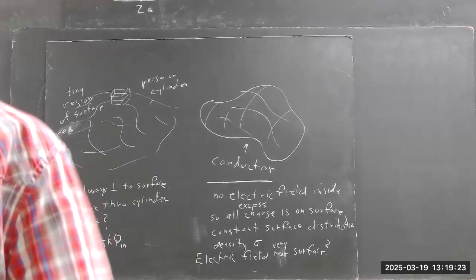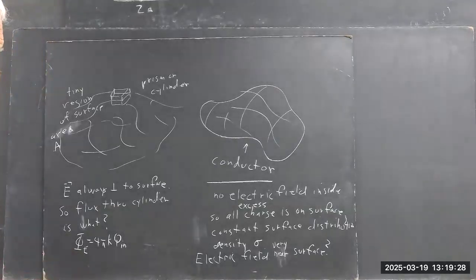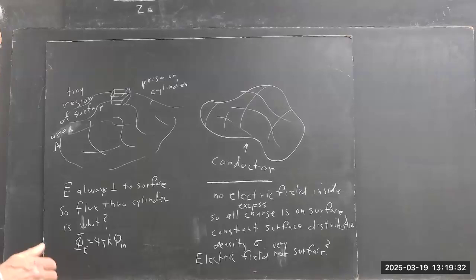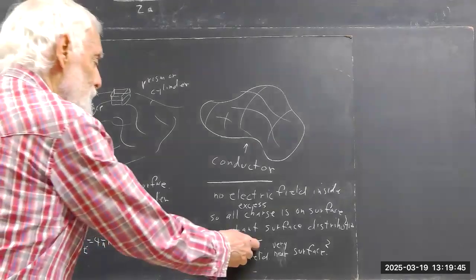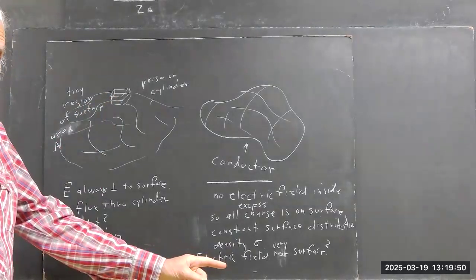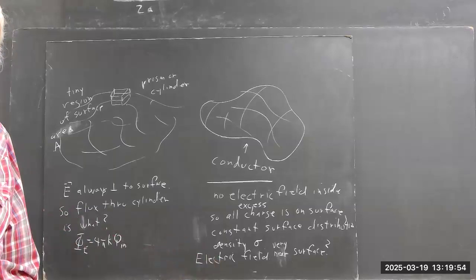Okay, well, we got around to it. It wasn't too awful bad, but somebody said something like charge over area. Well, that's an important thing, charge over area. But what is charge over area? Well, that's your surface charge density, sigma. So this charge divided by this area is sigma. Therefore, the charge is sigma times the area.